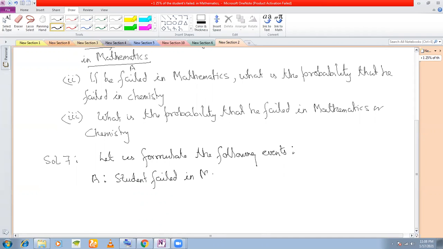The event B is student failed in chemistry, right? Therefore, what is A intersection B event? Student failed in both the subjects, right?